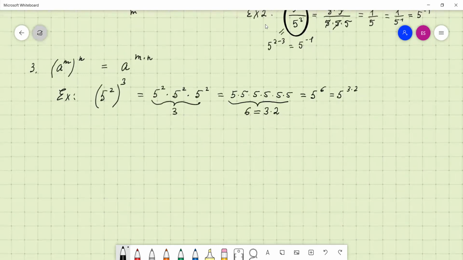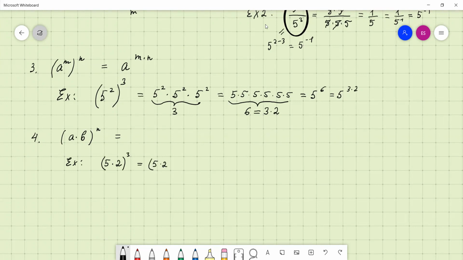Okay, the next rule is going to be distribution of a power. Rule number 4, a multiplied by b to the power of n. How do we distribute the power? Well, I'm going to give an example first, and then we are going to make a rule. Imagine that you have 5 multiplied by 2 to the power of 3. Remember that power of 3 means that you repeat the base 3 times.